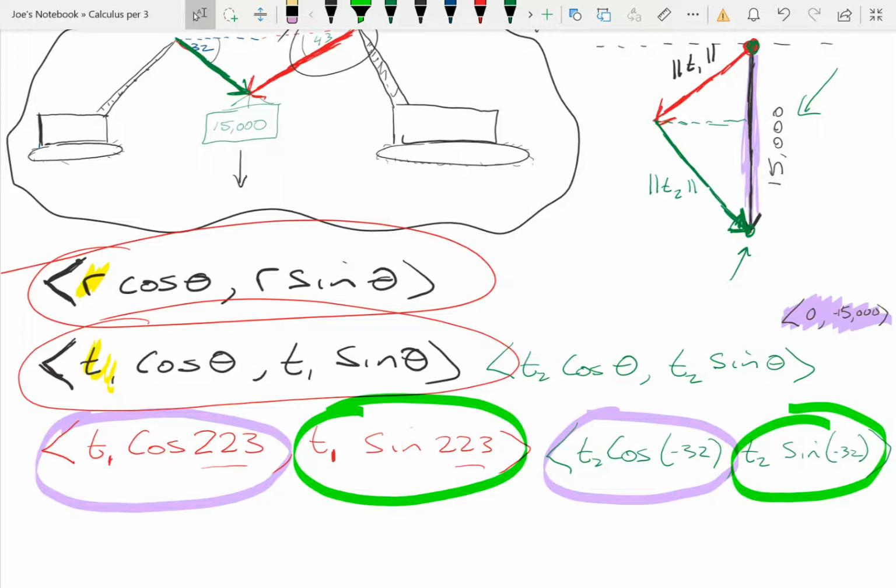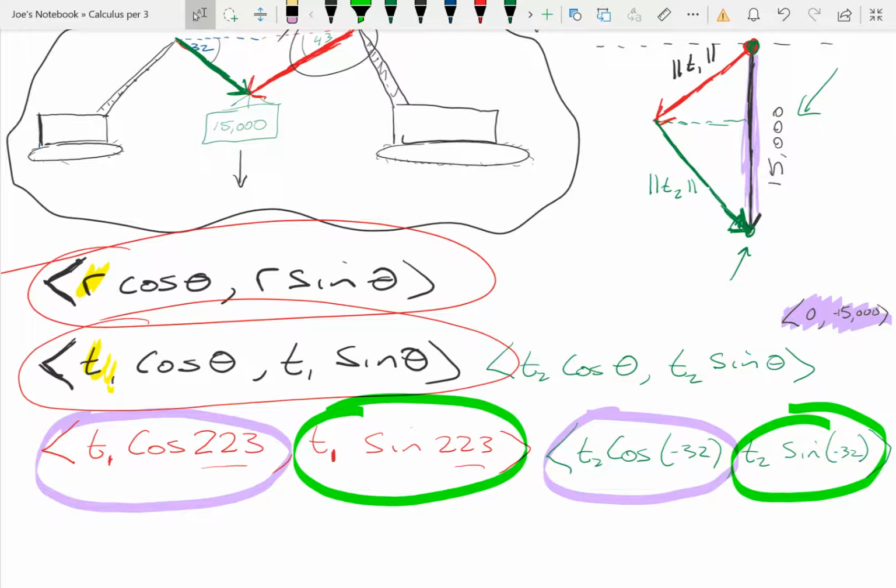I want you to type in cosine of 223 into that one, hit enter, and it'll turn it for you. There's no reason to type in a decimal. I want you to put the rest of the elements in there, including the 0 and the negative 15,000 in the appropriate place.